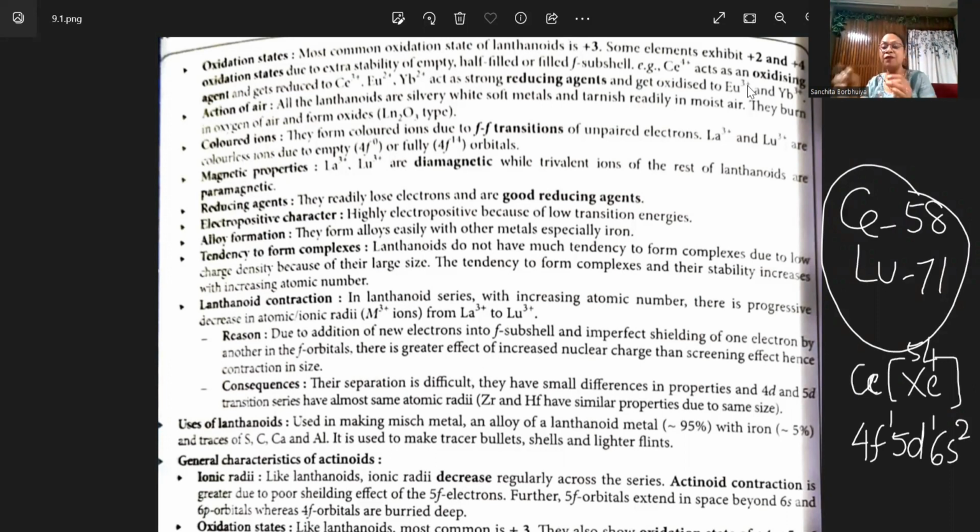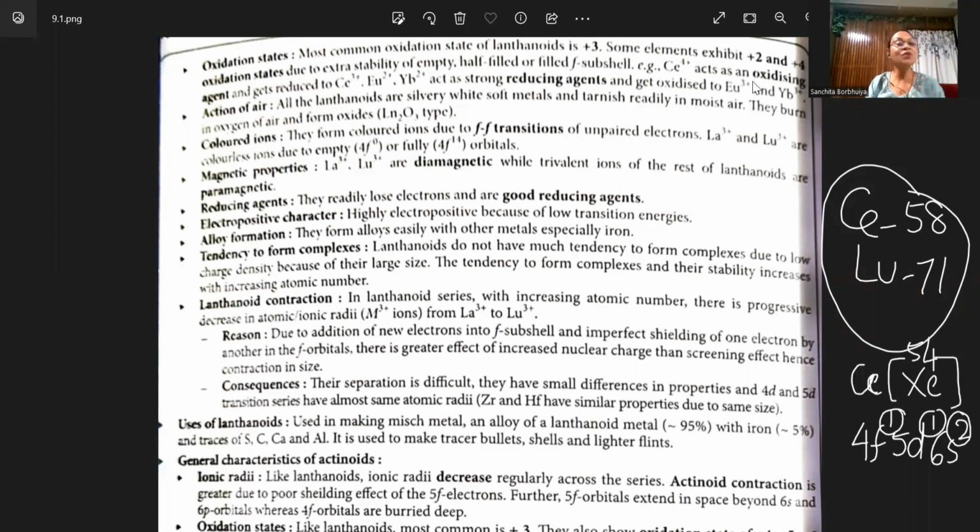So you can figure out that here the most common oxidation state expected is +4. Why? Because it will become a xenon configuration.